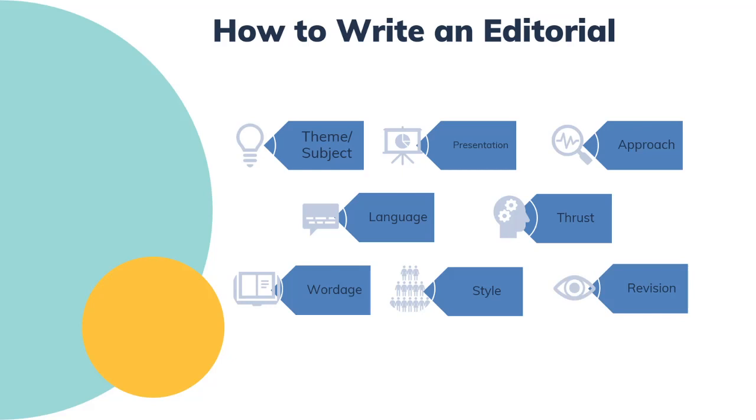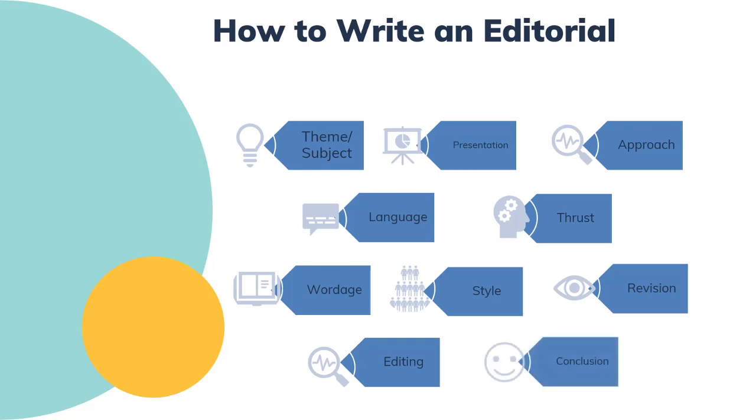Once these things are over, the next two steps will take some time, that are revision and editing. Revision should be done to ensure that the message is clear, and editing to remove any mistakes. Finally, conclusion, where we give a brief summary. When a reader finishes reading, it should create an impact in their mind.